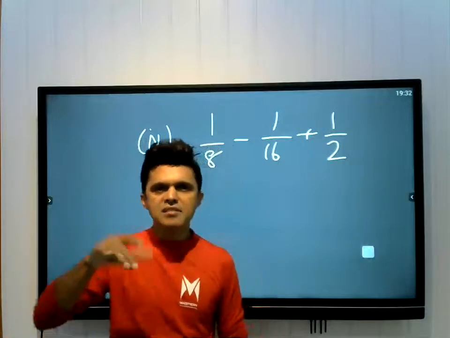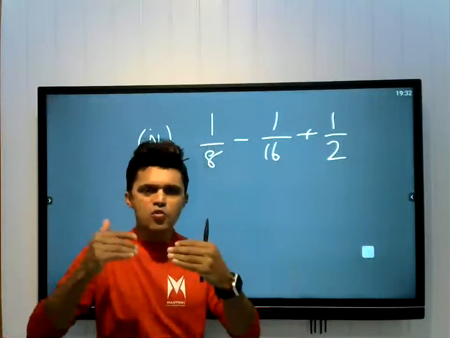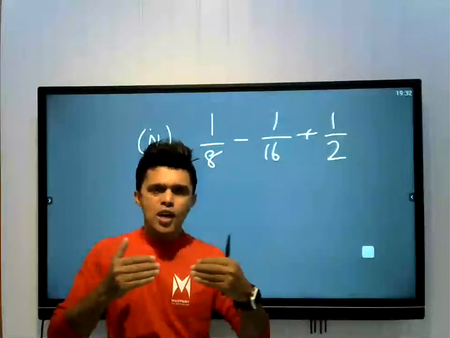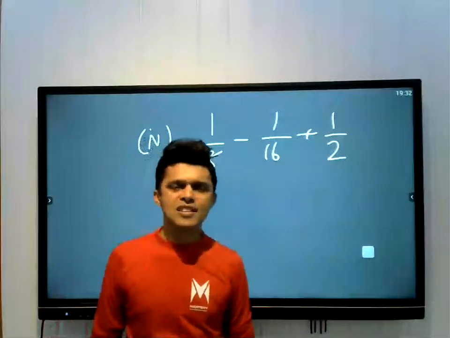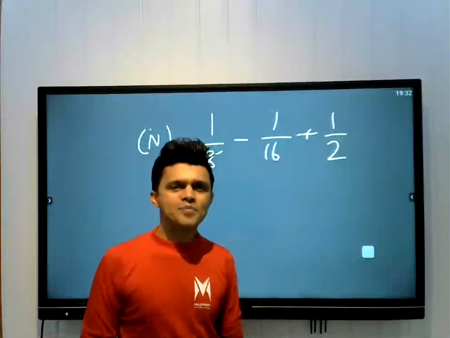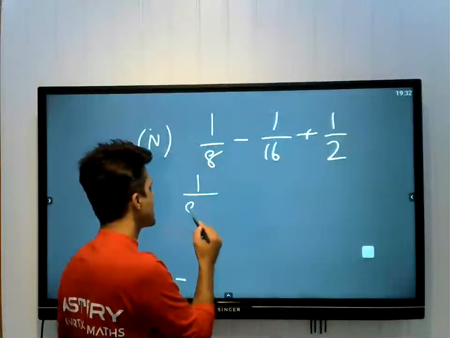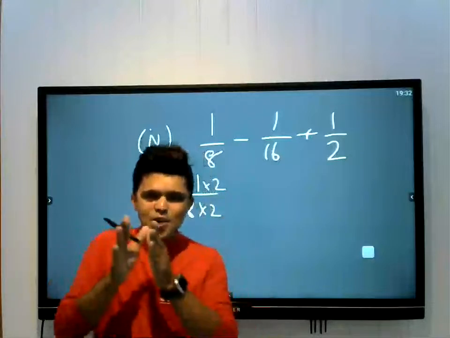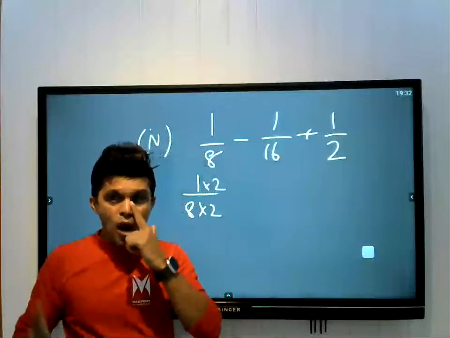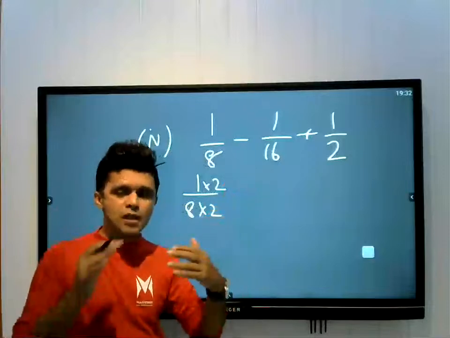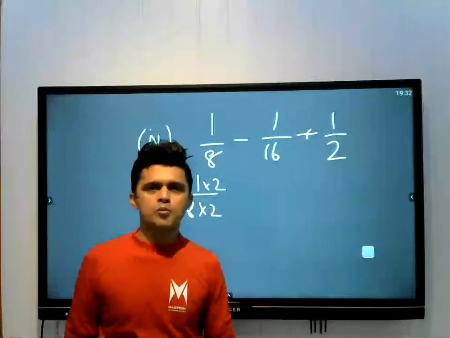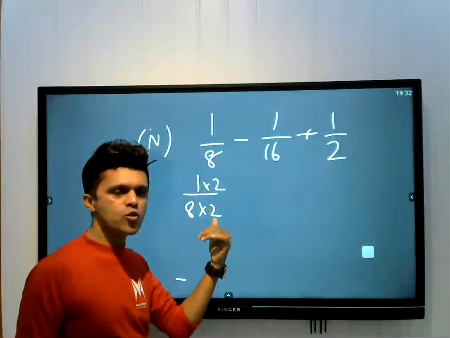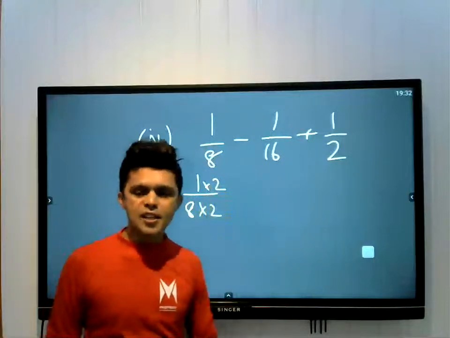To convert this 8 into 16, what is the digit you multiply by? 8 times 2 is 16. So for this 8, you need to multiply both sides by 2, to get 16. The denominator is multiplied by 2, and the numerator as well.